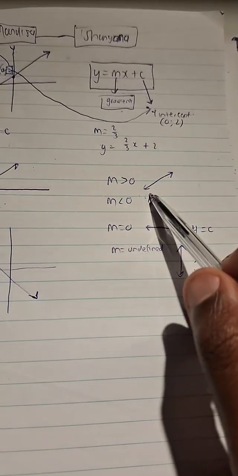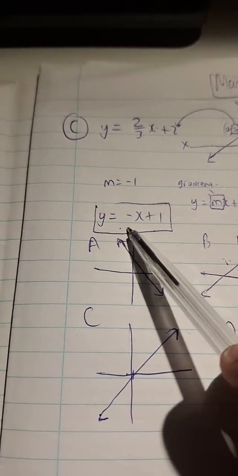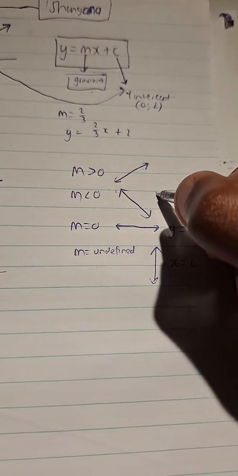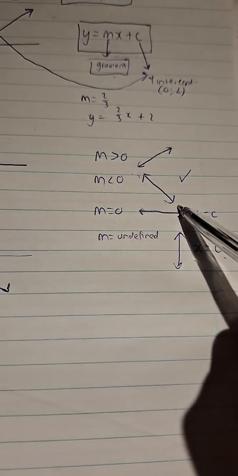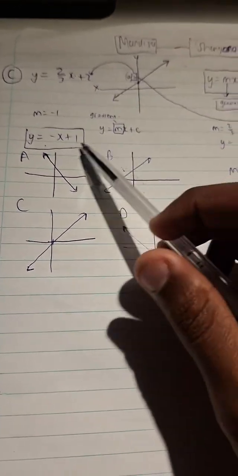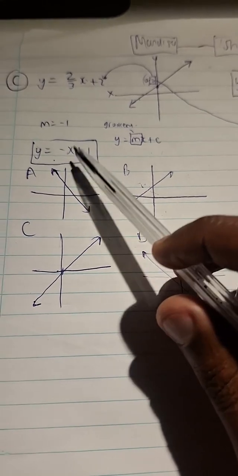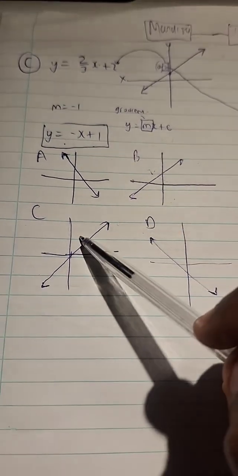Okay, so here what we are looking at, since the gradient is negative and it's negative 1, we are expecting to have a line that is in this direction. It's a decreasing line. So immediately when I look at these A, B, C, D, and I'm wanting to choose an option for this line, it means that the B and the C are basically options that I can cancel out.